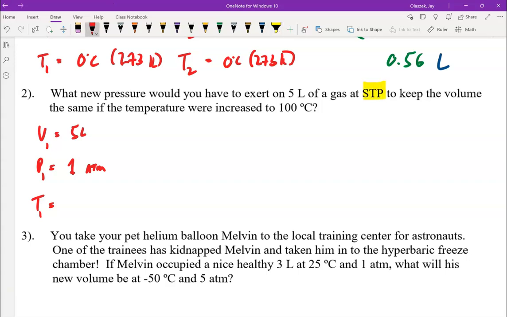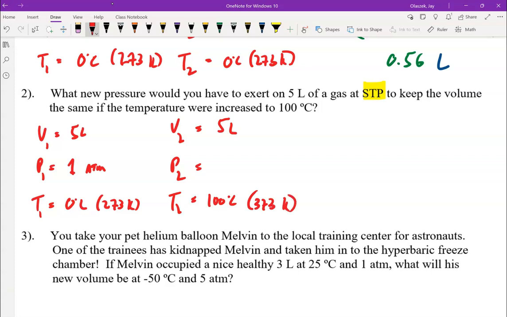Easy to get these things mixed up. That's why it's good to identify these things. T1, STP, 0 degrees Celsius, otherwise known as 273 kelvins. We are trying to keep the volume the same, so we're going to keep the volume at 5 liters. But we are asking what is our new pressure if we increase the temperature T2 to 100 degrees Celsius, otherwise known as 373 kelvins.